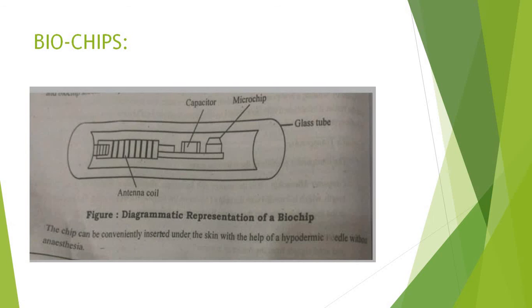Next we have biochips. Biochip, it is one of the latest development in the field of biology, latest technology in the field of biology. This biochip can perform different biological reactions in a very short span of time, just as a computer chip can perform mathematical operations in a second.